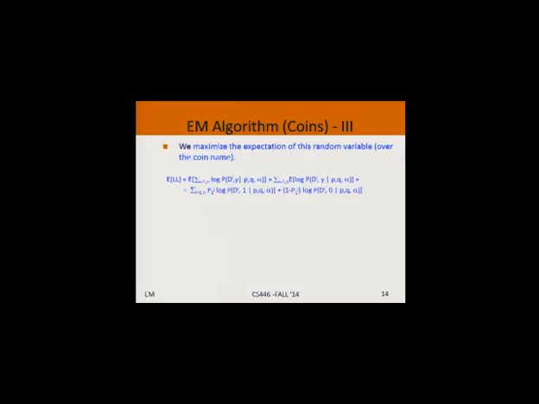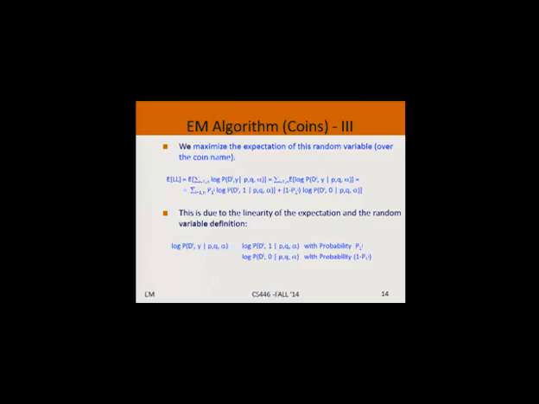And I'm just writing down the expectation. So it's the sum over the probability of d, comma 1. Here I have d, comma 0. And these are the probabilities of seeing 1 or seeing 0, right? So basically, all I used is just the definition of a random variable. So this is the random variable, and the value it can take is either this, with probability P1i, which I computed before, or this with probability 1 minus P1i.